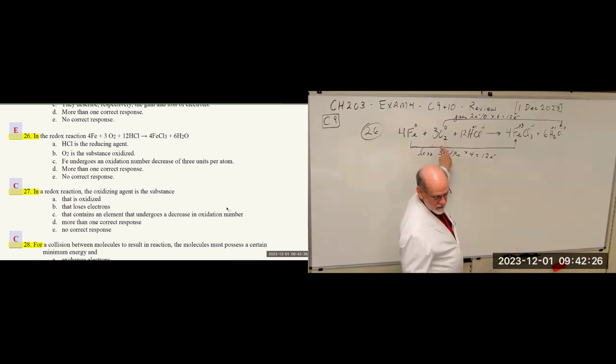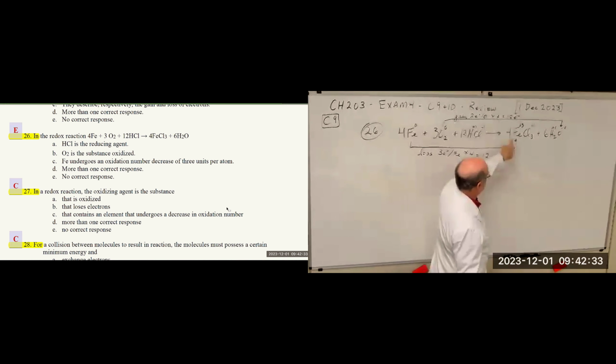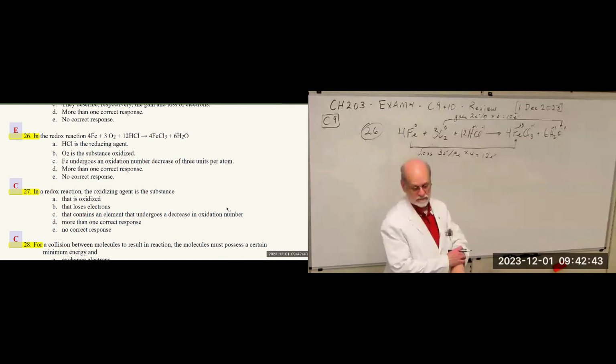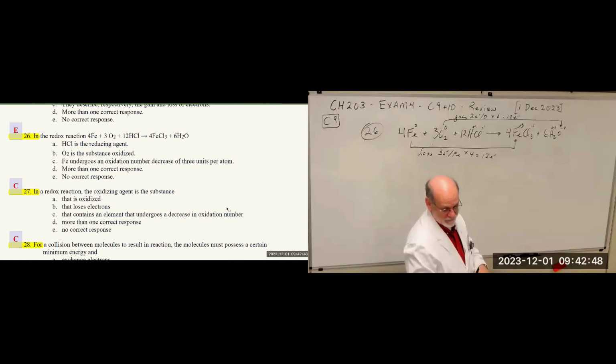Fe undergoes an oxidation number decrease of 3 units per atom. Decrease, it goes from a 0 to a +3. That's an increase of an oxidation number, right? So there are no correct answers there, right? So E has to be the answer. None of those statements are correct.